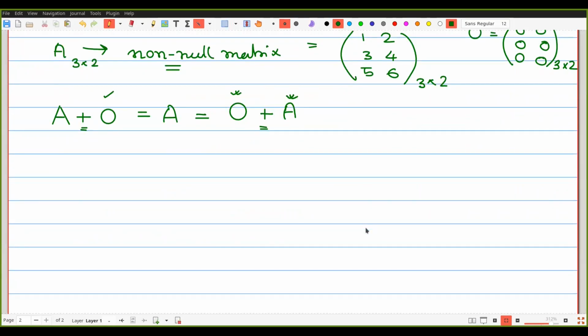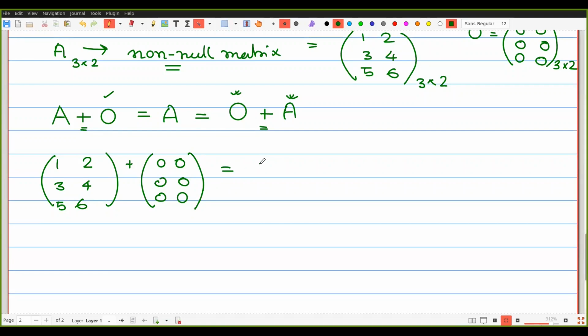Let us check with an example. Suppose A is equal to 1 2 3 4 5 6. So here we are giving 1 2 3 4 5 6 plus 0 0 0 0 0 0.